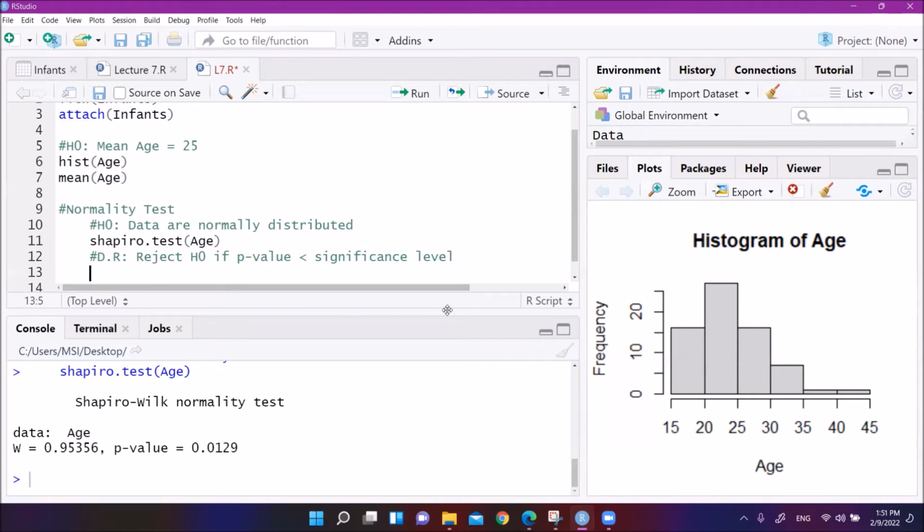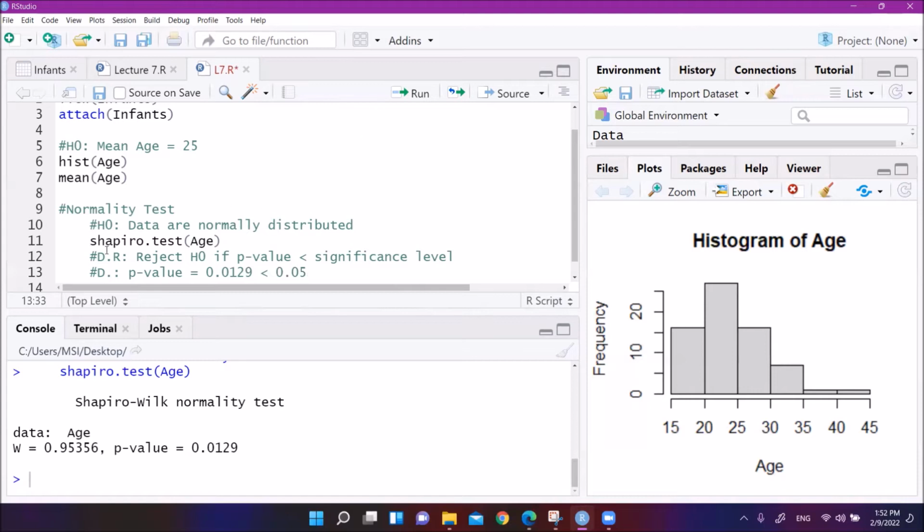So what is the p-value here? It's this. So what is the decision? The p-value is equal to this, which is less than our significance level.